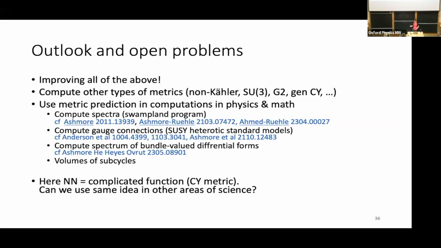In this case, it's a Calabi-Yau metric, but maybe there are other complicated functions that you care about. Maybe there's some equation that you're interested in solving, where you could apply similar techniques and find a solution to the problem. And with that, thank you for listening.